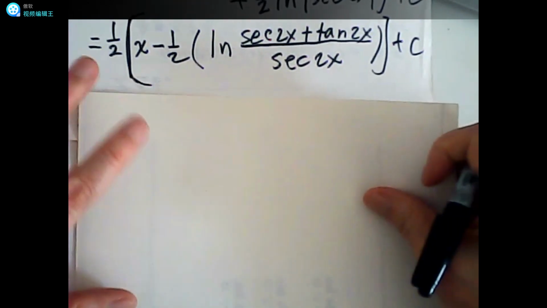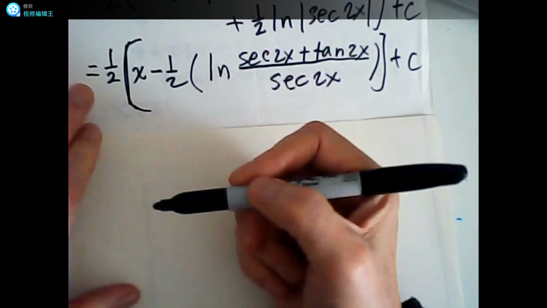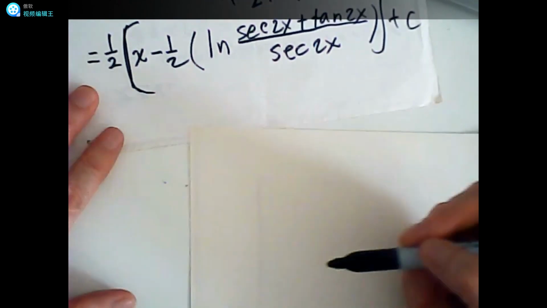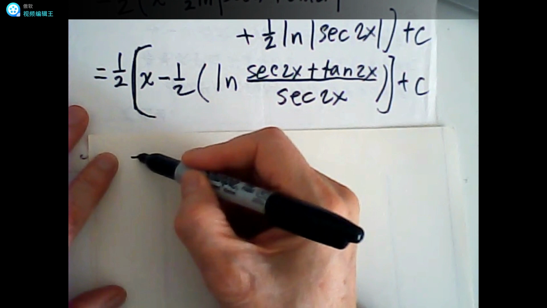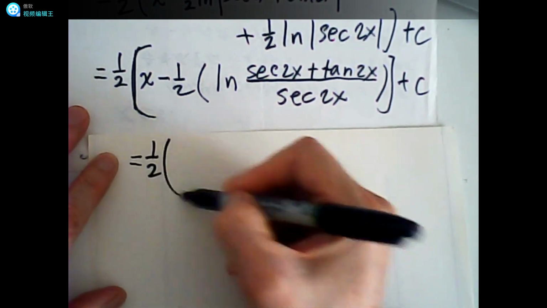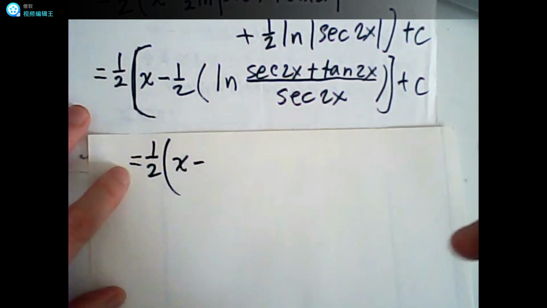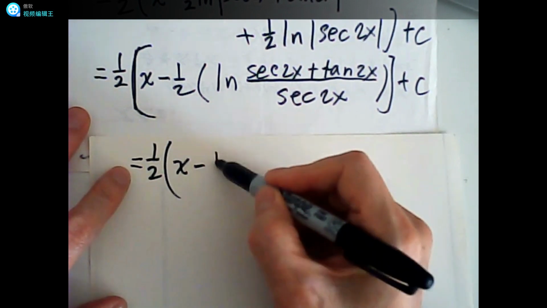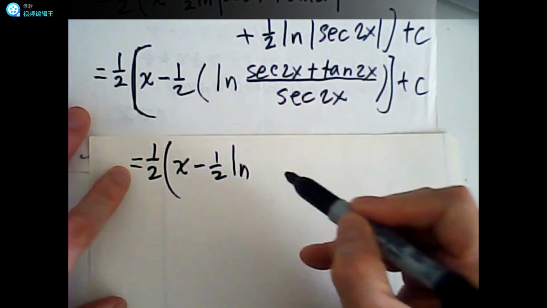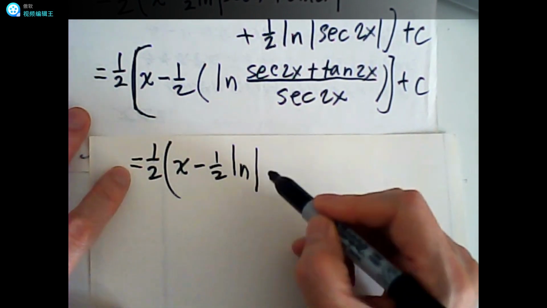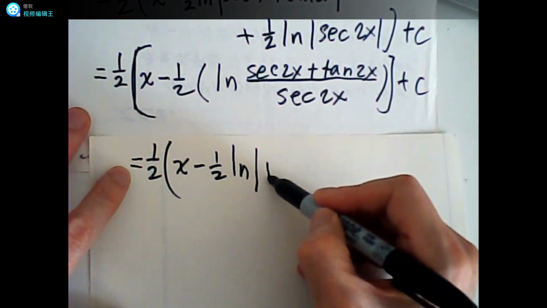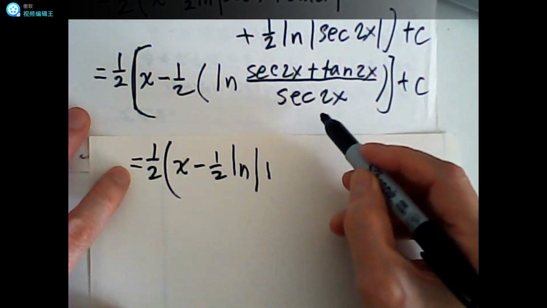Okay, now and then this is a half bracket x minus half log. This over this is a 1, right? This over that.